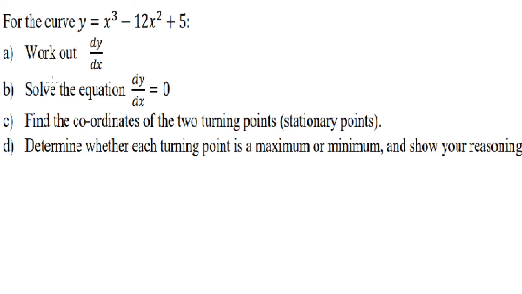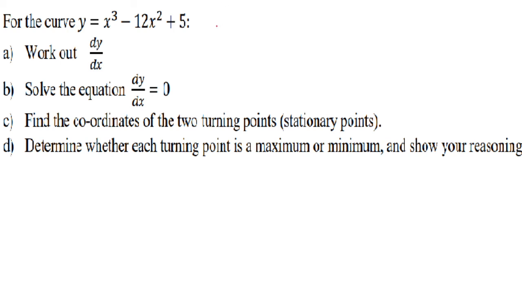The question says that for the curve y is equal to x cube minus 12x squared plus 5, work out the value of dy dx. Now, how to find dy dx?